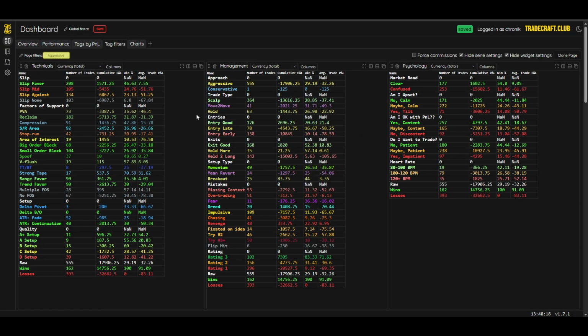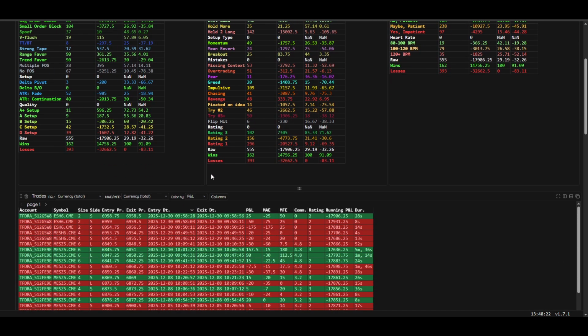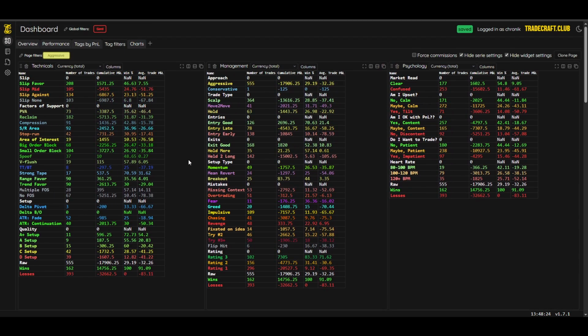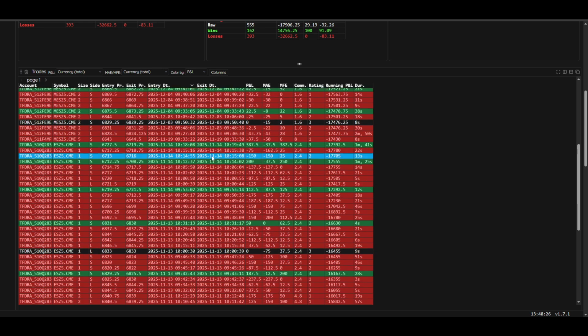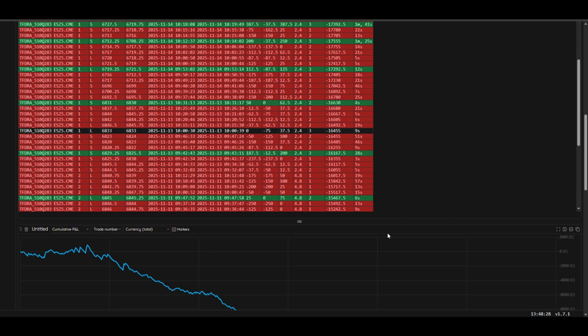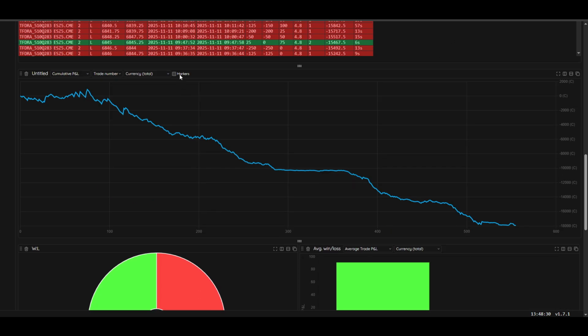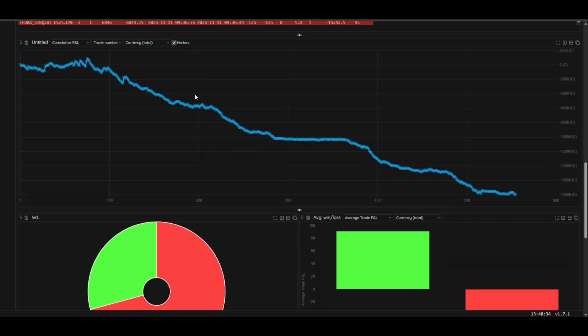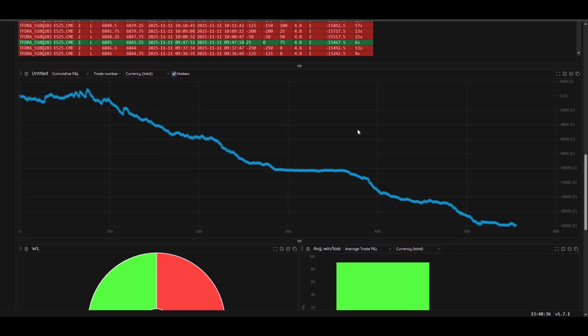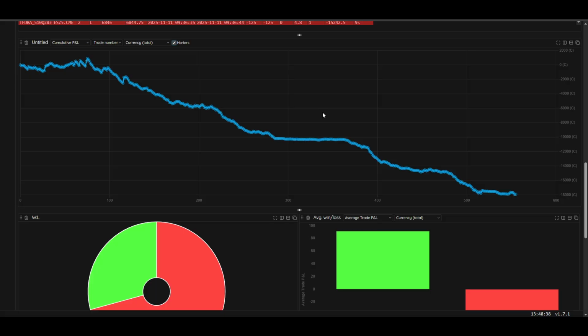I want to actually find this trade. I want to figure out where this is. March or something. Yeah, 3,400 is too big of a trade, so it's going to go into the outlier category.